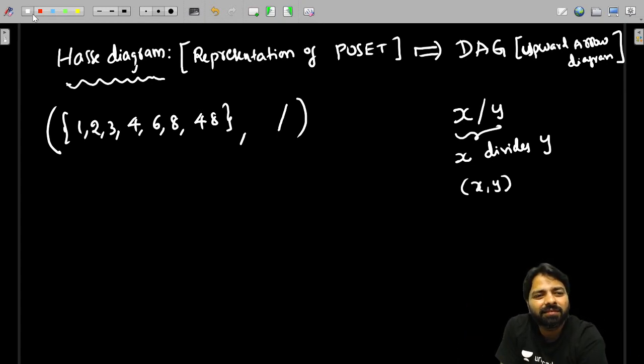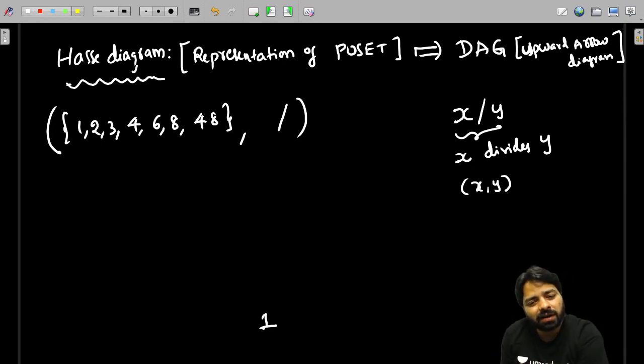Sublattice. Fine. X divides Y. Now look at this. 1 is the element which can divide everybody, right? Yes or no? If you don't have a 1, then you should draw it a different way. I will show that also. It can divide everyone. Now look at which elements you should take at the next level.